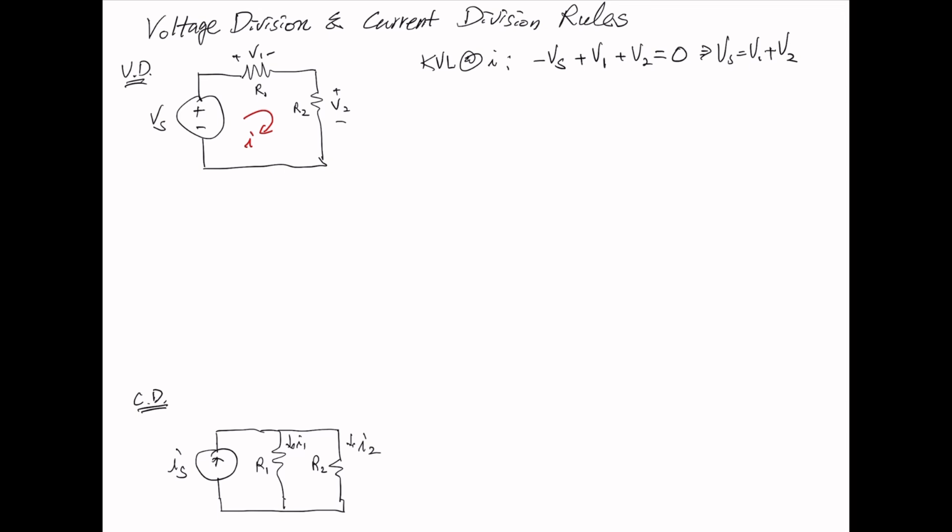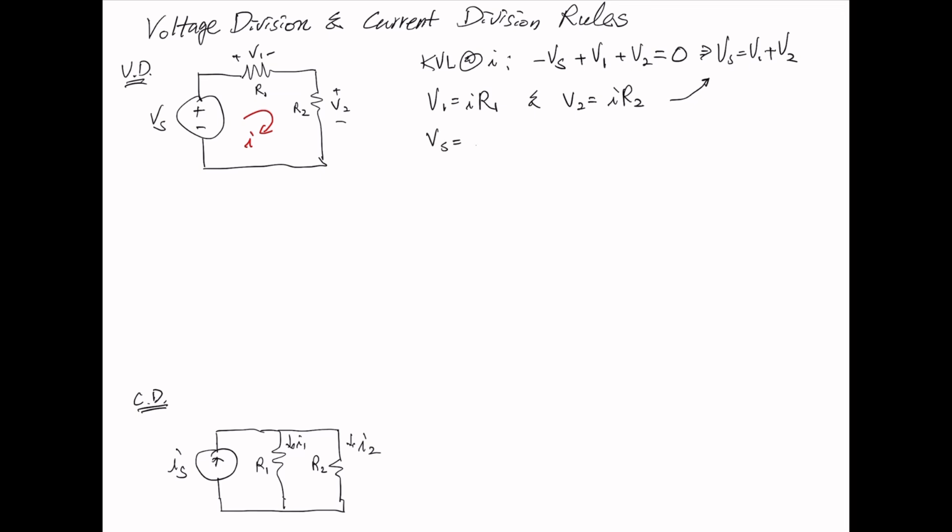Now for V1 and V2, we can use Ohm's law. V1 equals I R1 and V2 equals I R2. V equals IR, right? Now we're going to use this and put it in here.